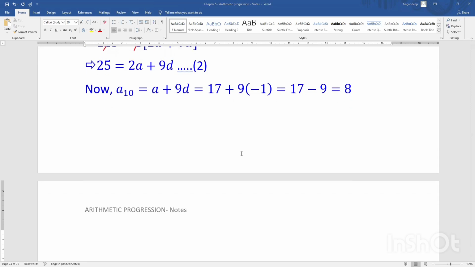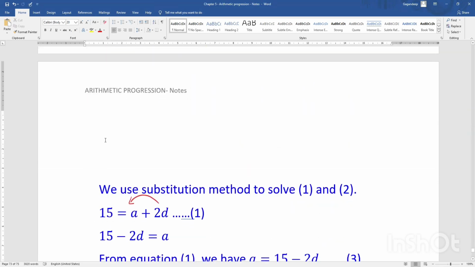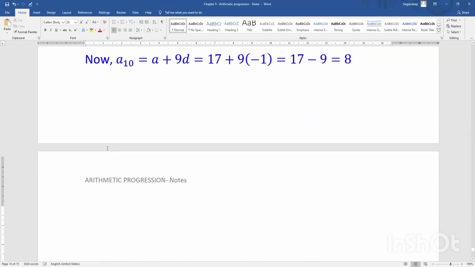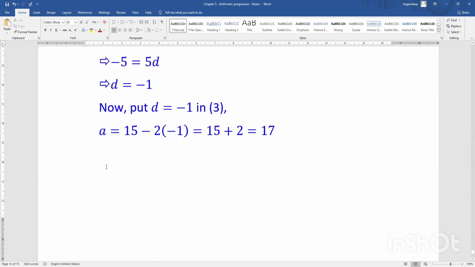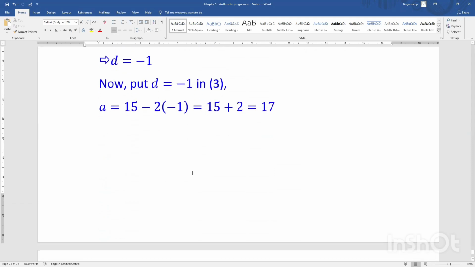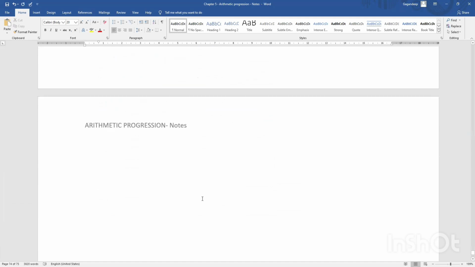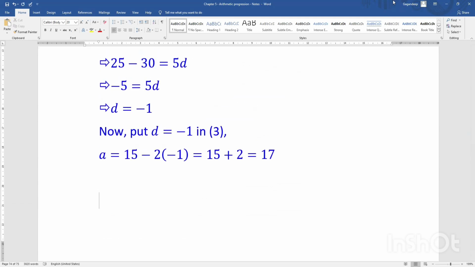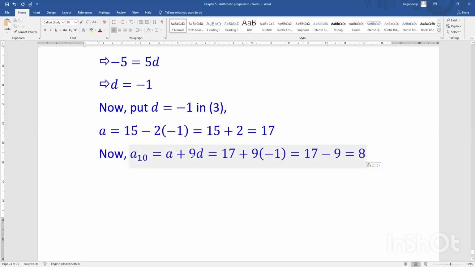Okay. Now I move on to the next problem. So here we have A10 is equal to A plus 9D, that is 17 plus 9 into minus 1, 9 into minus 1.